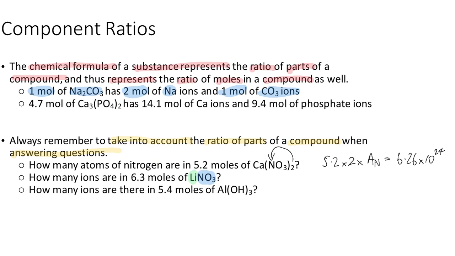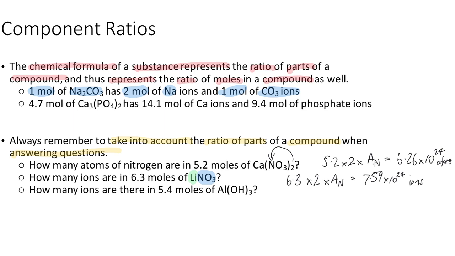So I would have to do 6.3 moles times 2 times Avogadro's number, which is 7.59 times 10 to the 24 ions. You get the idea that there are 2 ions within that formula, so you have to multiply those numbers by 2.